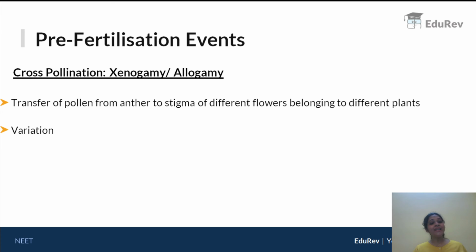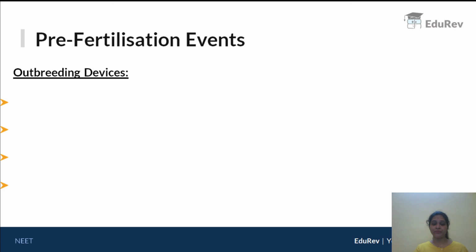So the ideal way of pollinating is always going to be cross-pollination. Since the ideal way is always going to be cross, obviously inbreeding is not preferred and outbreeding would be preferred. Outbreeding meaning with other plants, cross. Outbreeding devices are of four different types. Now one can think, what is the most obvious way in which I can force cross-pollination?